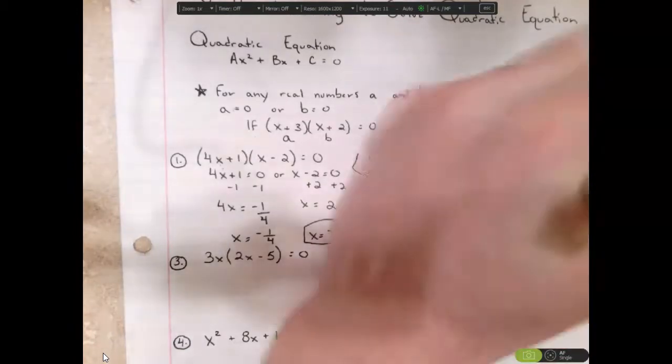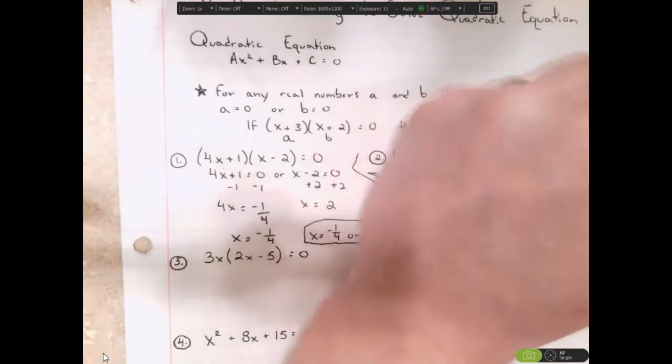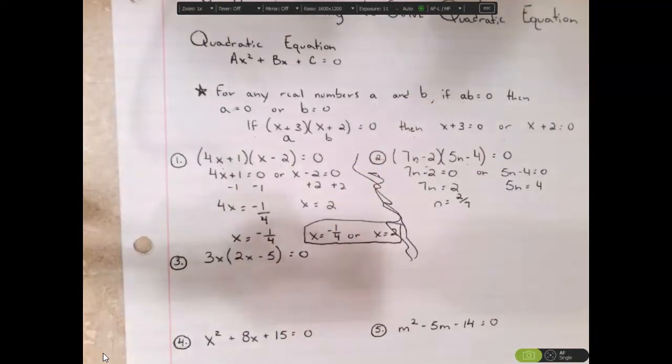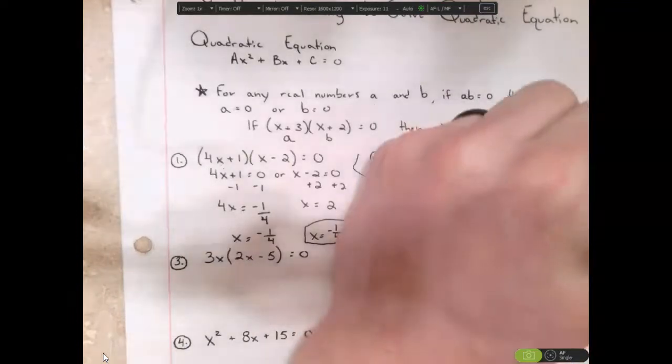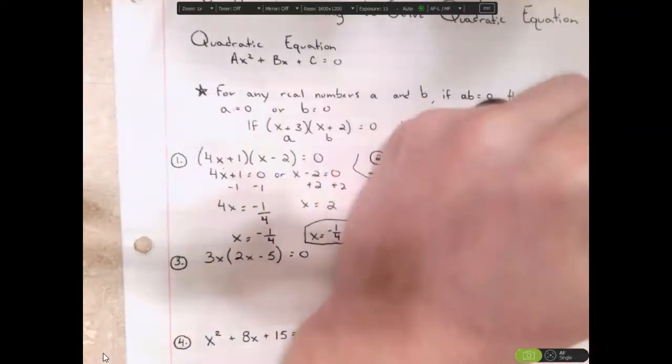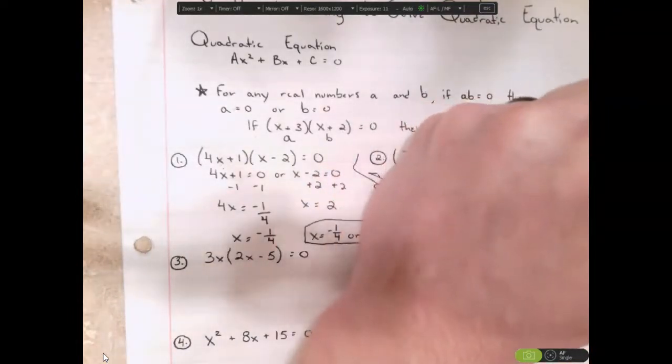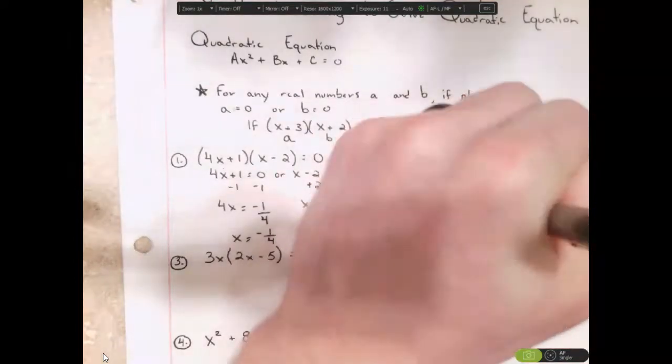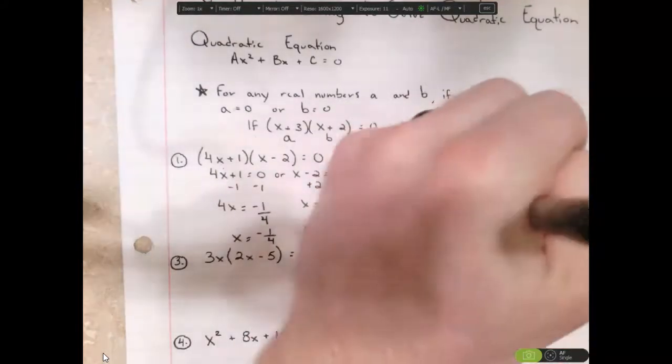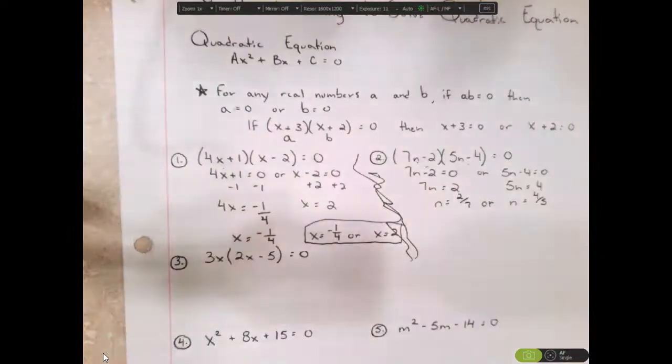I add 4, so 5n is equal to 4, and then I divide by 5. So n is equal to 4/5. And remember, we have the or symbol in between because we're not sure which one is the solution without graphing, but we do know it's going to be one or the other.